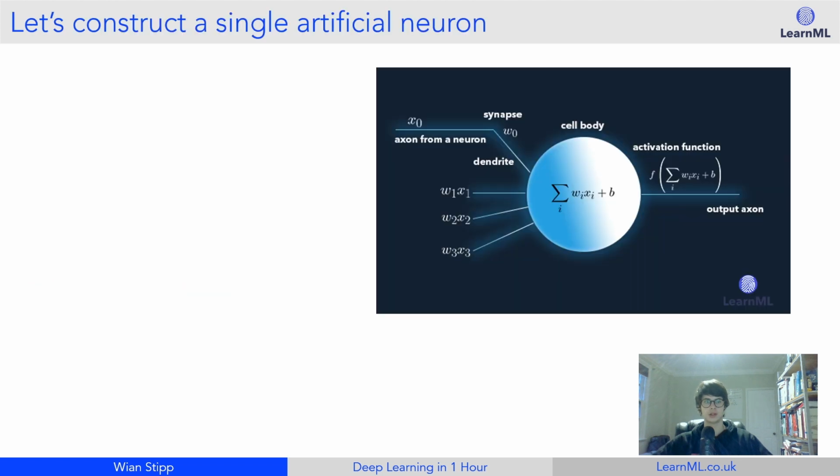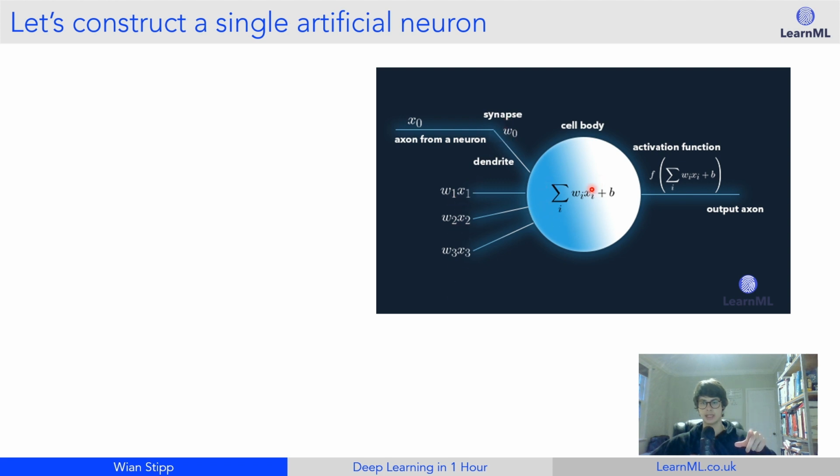Okay, so let's construct a single artificial neuron. Using the analogy of the biological neuron, we have these inputs coming in. We denote inputs as X, and each input is multiplied by a weight vector W. So essentially we have the inputs coming in multiplied by some weight parameters.